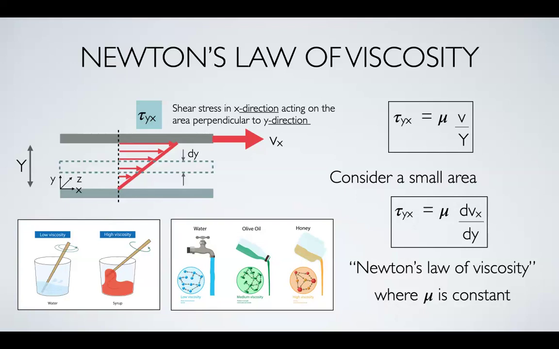Which one has the highest viscosity? Honey, right? The medium one should be olive oil, and the lowest should be water. So honey should be the hardest to pour, and you have to apply a larger force in order for it to flow. That follows Newton's law of viscosity.